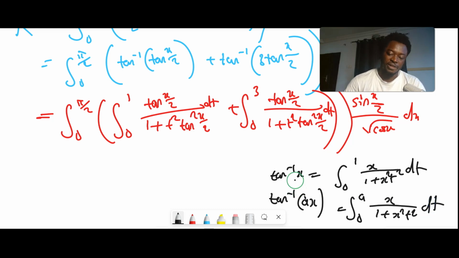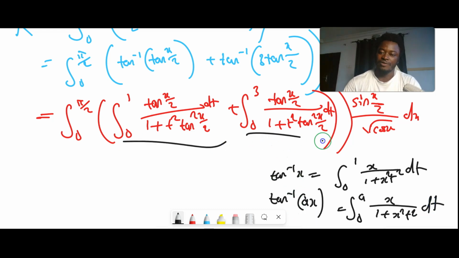So I use the first formula for this and the second formula for this. So take your time and digest these formulas.